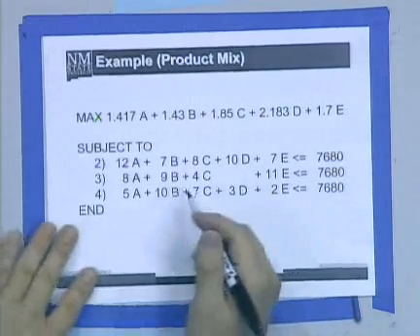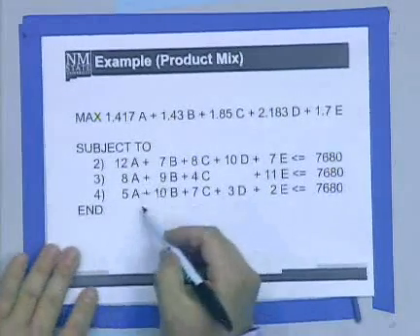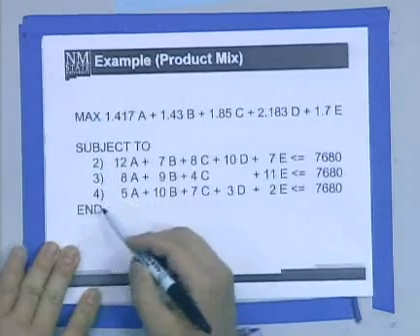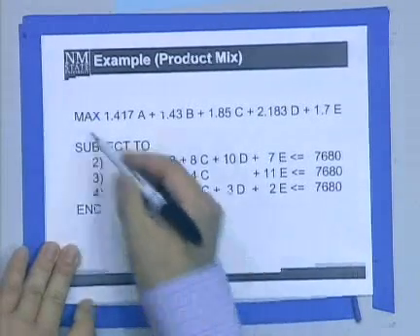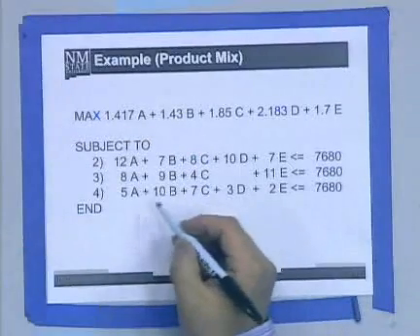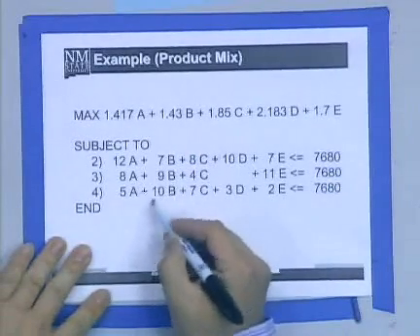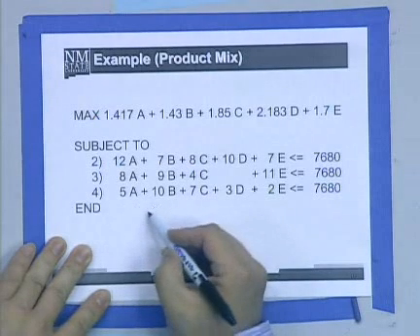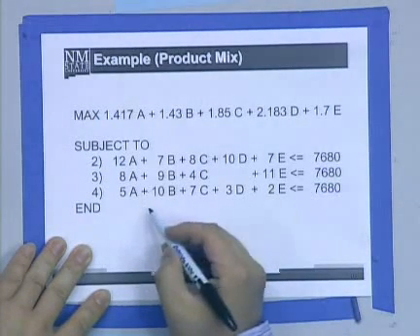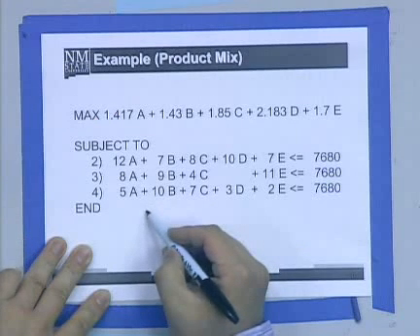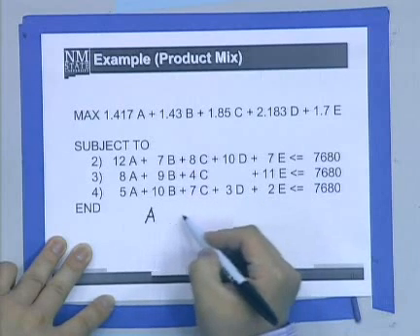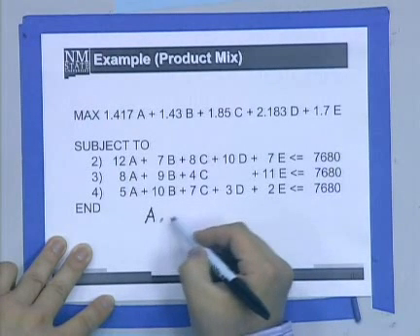So the complete LP formulation becomes like this. And this is because I've got this from the Lindo. The Lindo doesn't require us the non-negativity restriction, so it's missing right here.